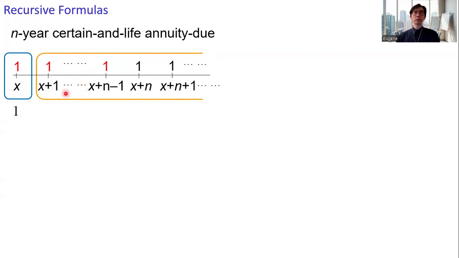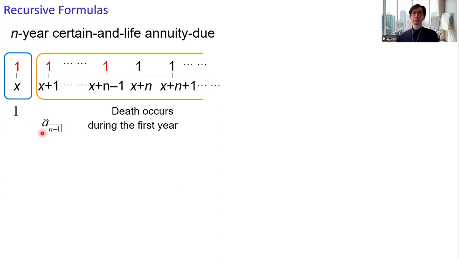If the individual dies within the first year, before reaching age X plus 1, the actuarial present value for the remaining payments corresponds to an n-1 term annuity due.